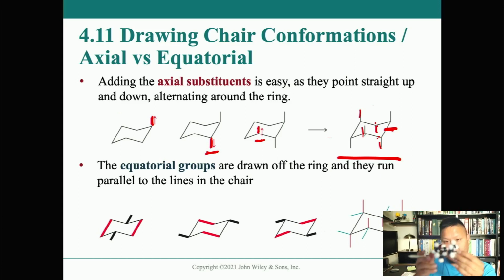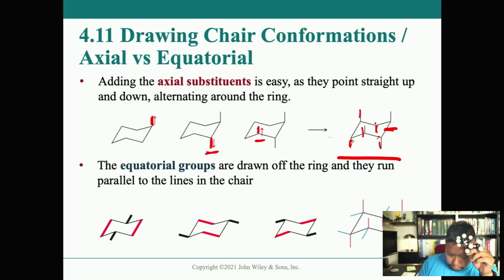And the very last one at the foot is pointed downwards. So notice that your drawing of the chair conformation and its axial substituents is very consistent with an actual 3D model.